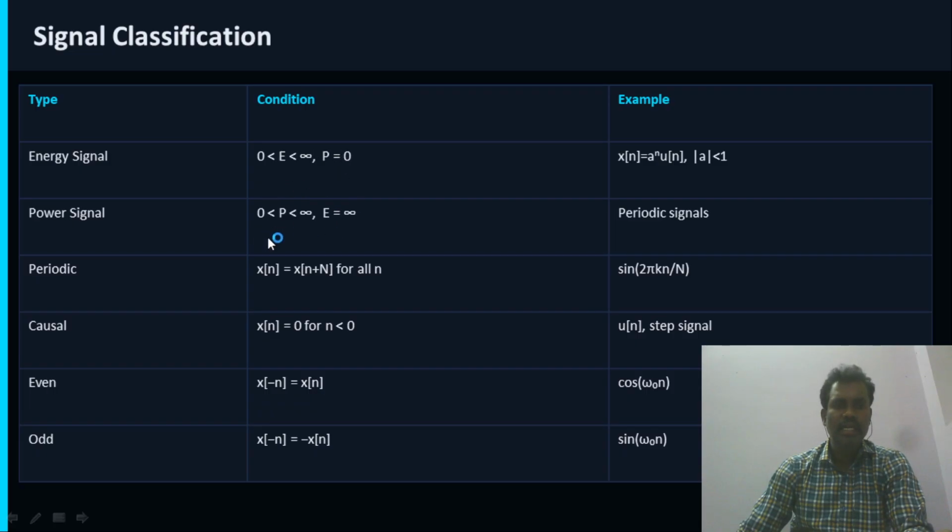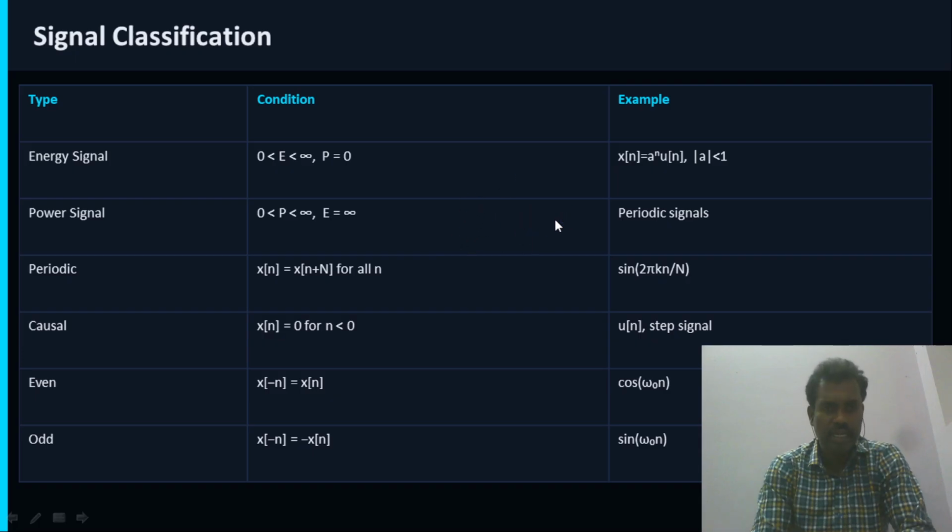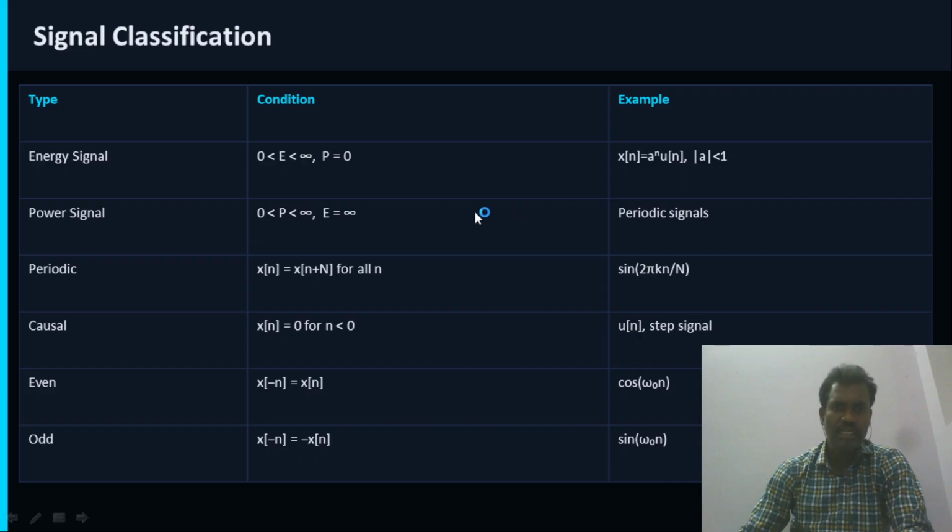But for a power signal, we take the average power, energy per unit time. If it is extended to infinite time, the energy for each unit time is finite, but if we sum up over infinite time, we get infinity. For example, a sinusoidal signal. The sinusoidal signal is periodic, so we calculate only one period. That is the average power, energy per period.